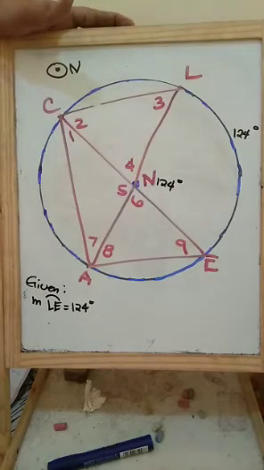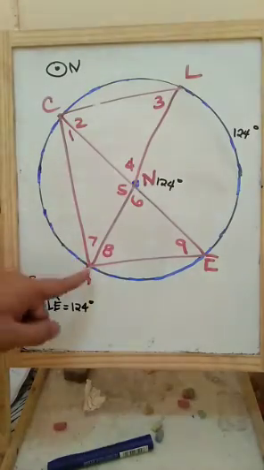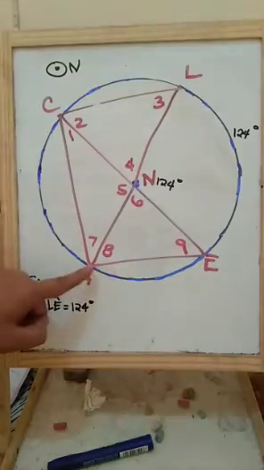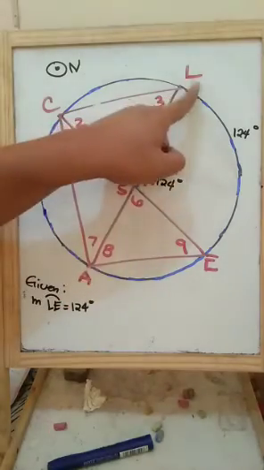Now, to get the measurement of the other angles, gagamitin natin ngayon yung concept ng inscribed angles. Okay? Inscribed angles, again, are angles whose endpoints are points of your circle, and the vertex is also a point of your circle. Yan. So, intercepted arc.